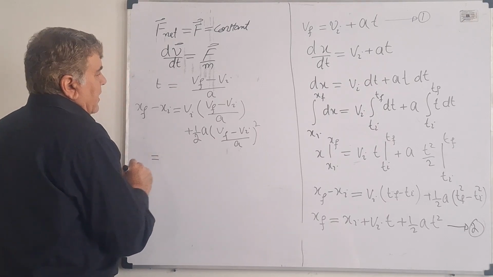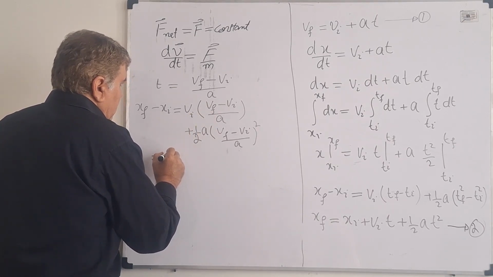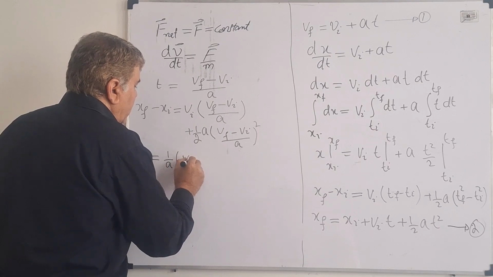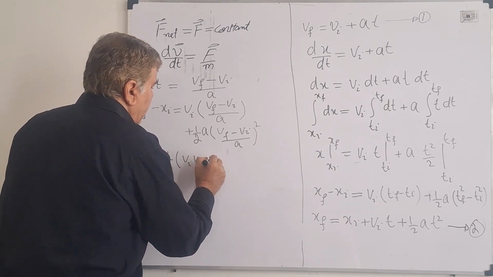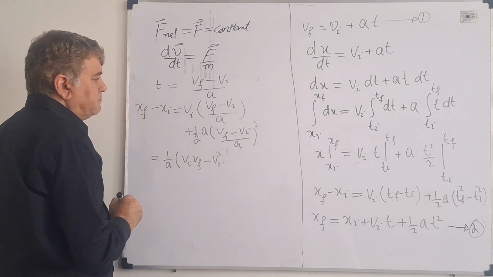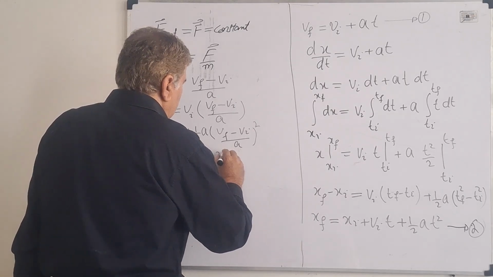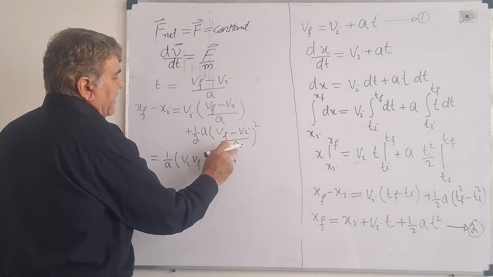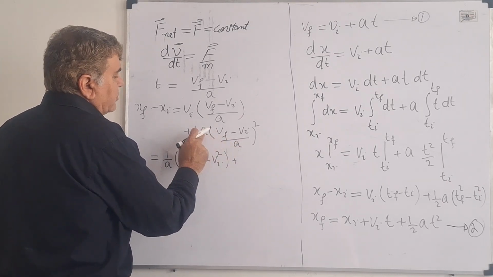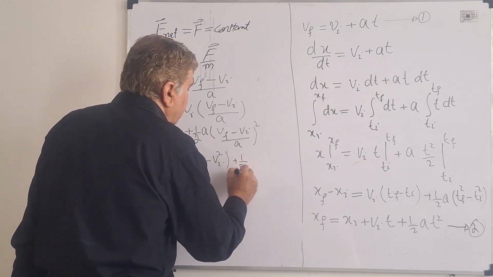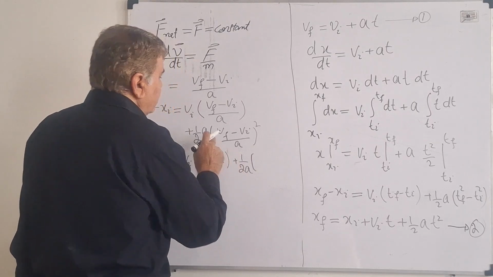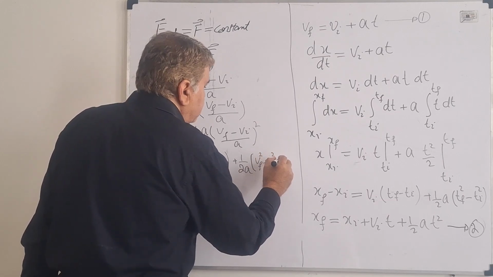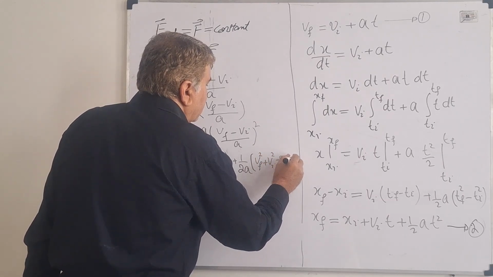So I write this as 1 over A into Vi Vf minus Vi squared, and then plus, here I would have A squared, and the square of that A squared would cancel with this A, so I'm left with 1 over 2A, and this would become Vf squared plus Vi squared minus 2 Vi Vf.